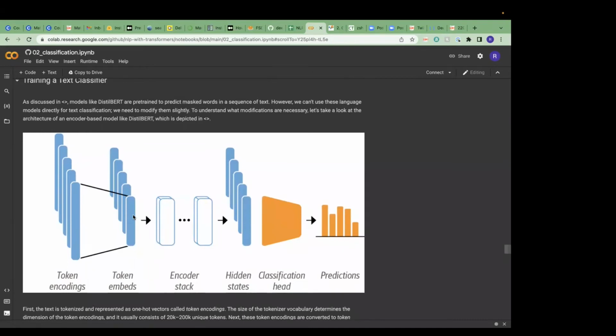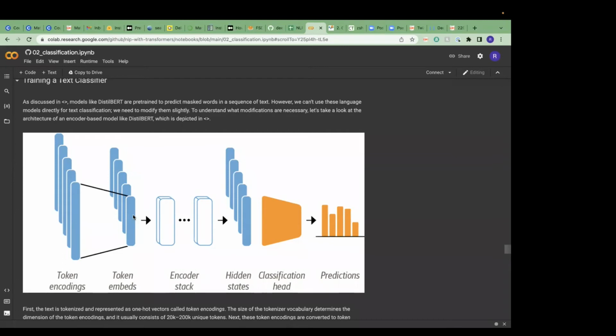It's the concept of text to vector: a token embedding is transforming your tokens into a vector. Yes, it's like an embedding space.